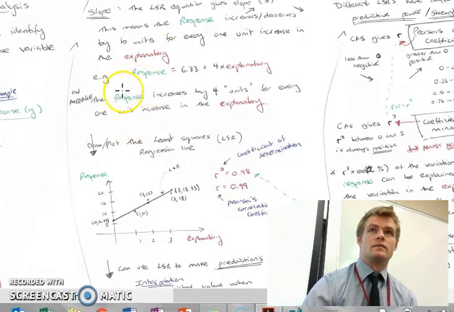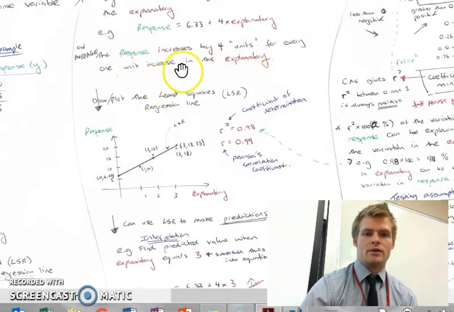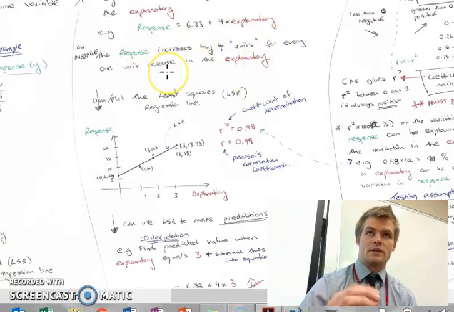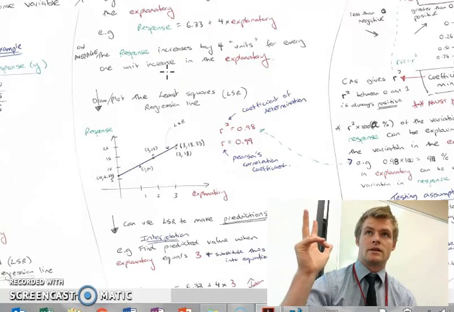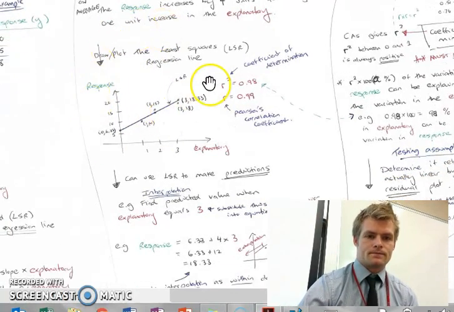That's one way of writing it out. Example: on average, the response increases by 4 units for every 1 unit increase in the explanatory, for this simple example with 3 data points.